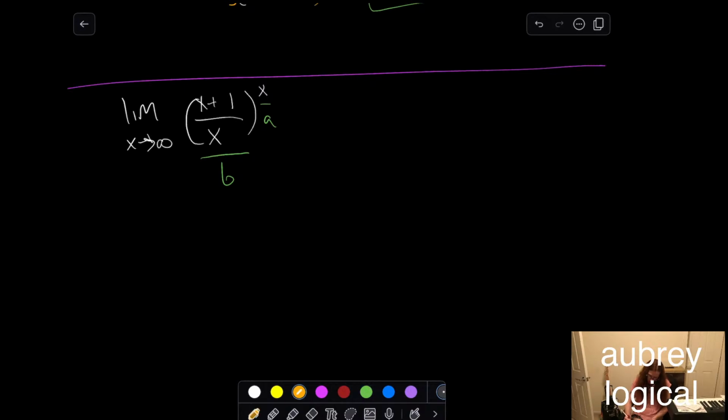So when you have this situation, I think it's pretty much just when something's raised to the x power instead of a number, you can then rewrite the limit as e to the a times ln of b.